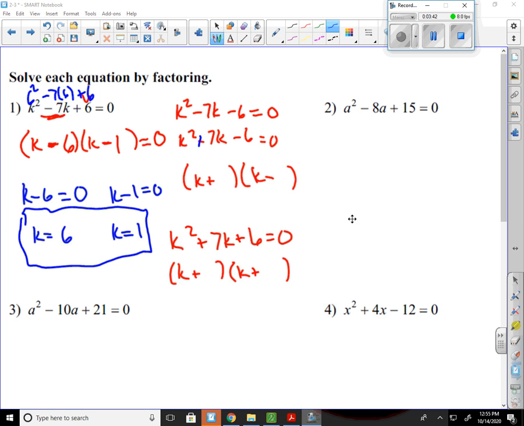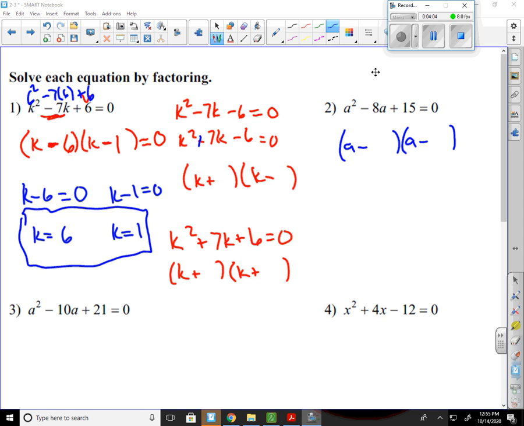Let's look at number 2. I have a minus and a plus. Remember, if it's a plus at the end and a minus in the middle, it tells me that these are both going to be subtraction. Now, what multiplies to give me 15?